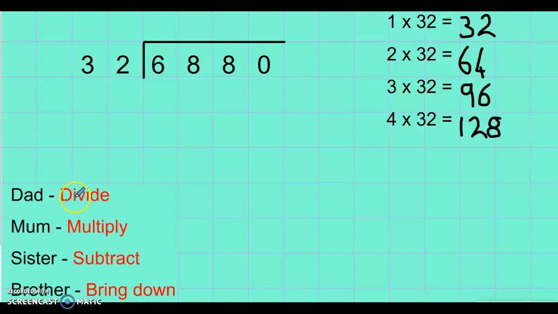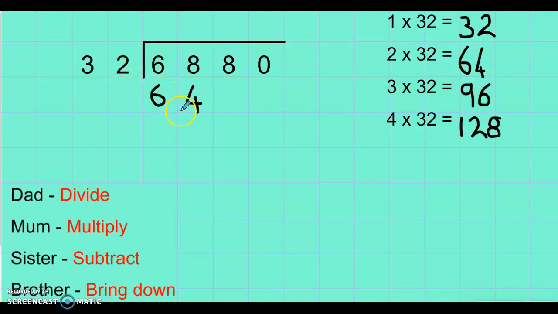Okay, so divide. So how many 32s are there in 68? We need to look at 2 digits because we're dividing by 2 digits. So how many 32s in 68? Well, we can't use 96, that's too big. We can go down to here and get 64, can't we? So we can put our 64 here, and that's fine.